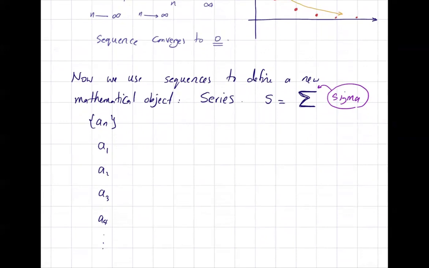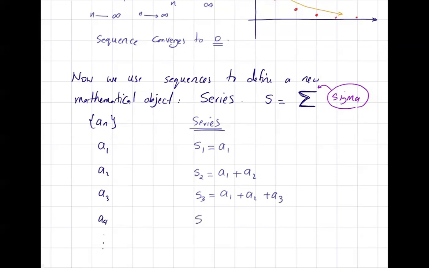The first term of the series is denoted by S sub 1, which is a sub 1. The second term is S sub 2, which is a sub 1 plus a sub 2. The third term is S sub 3, which is a1 plus a2 plus a3.